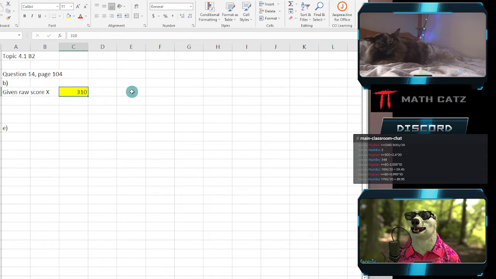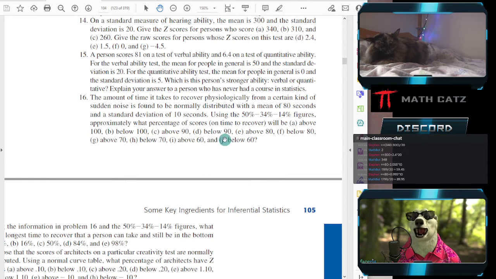Just as visual cues, what went where, how does the question relate to what I'm calculating here? Again, just a glorified calculator, essentially, for our purposes. And we want to find up here the corresponding z-score.